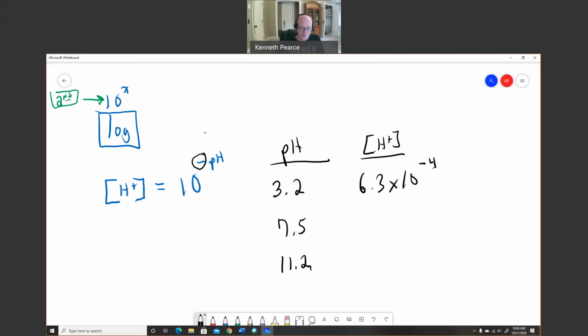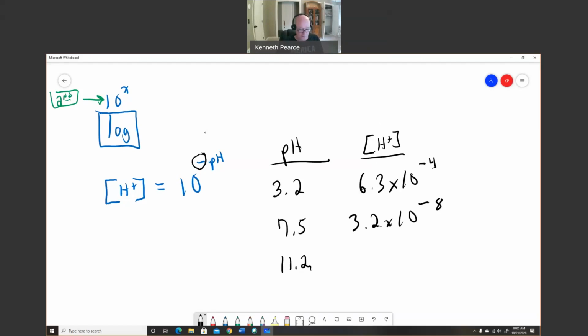So let's do that for 7.5. Try this on your calculator as well. So I go second 10 to the x, special minus key 7.5, close parentheses, and I get 3.2 times 10 to the minus 8. You should get the same number.